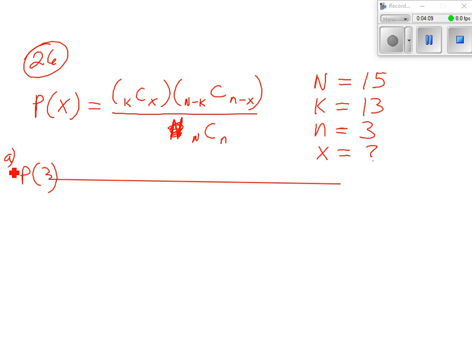So all we're going to do is plug in all these numbers. Have your calculator out to help me. I'm going to use that bar as my fraction bar.